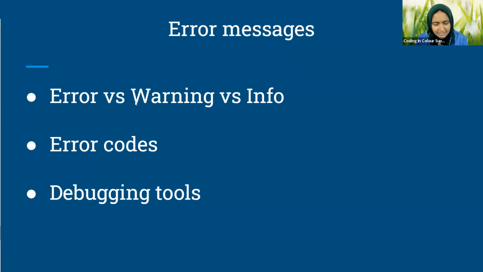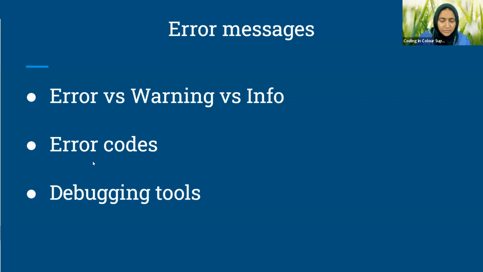There are also warnings, which don't crash your program, but something is wrong that the IDE can pick up on. And sometimes you get information that is not a warning or an error, just information.